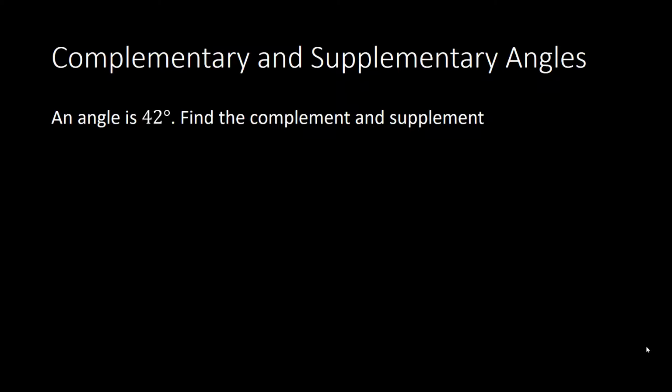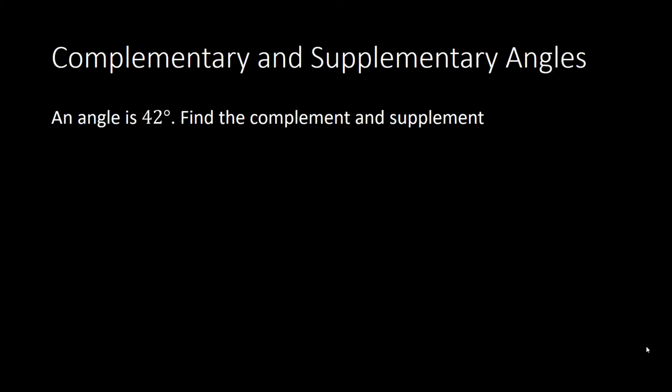Here we see an example of a word problem that we can use these definitions to solve. An angle is 42 degrees. The question is to find the complement and the supplement, or another way of wording this would be find the complementary angle and the supplementary angle. The complement is an angle that adds up with another angle to be 90 degrees.